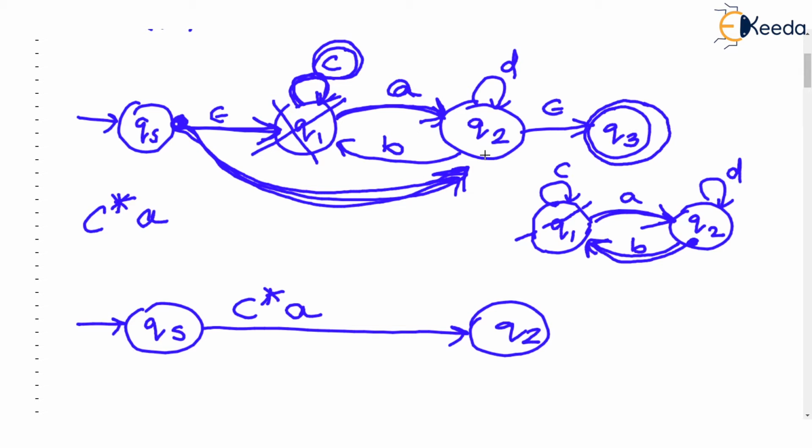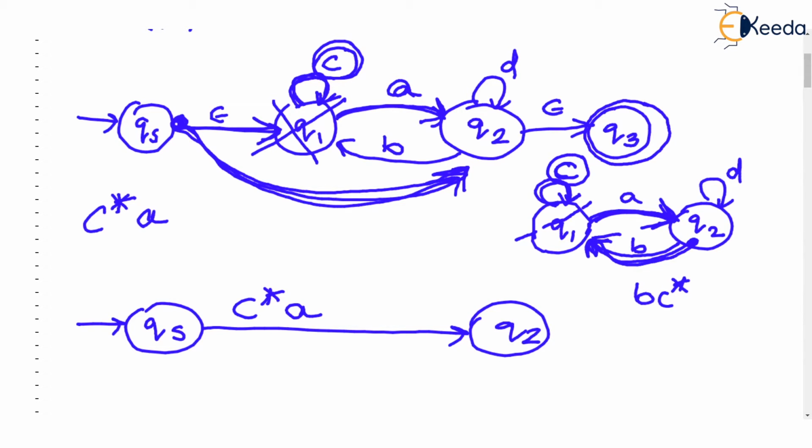So let's begin from Q2. Q2 takes B and goes to Q1. Then once you are in Q1, you can use this loop any number of times. This is nothing but C star. So you can remain in Q1 for a while. And from Q1, you can go to Q2, back to Q2.